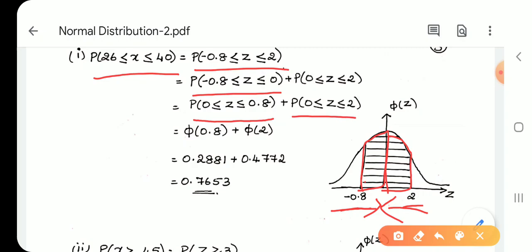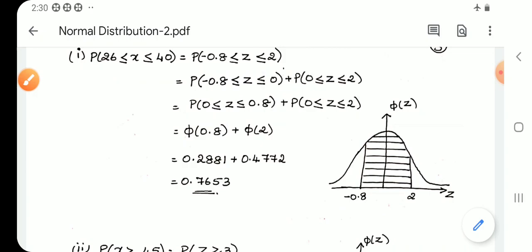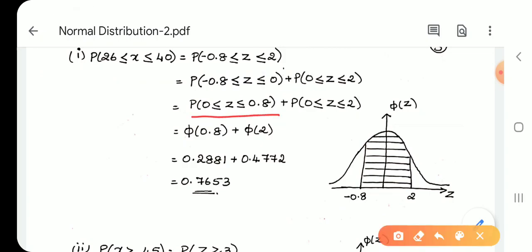We will make use of the result that both the sides are exactly symmetrical. Now, the value of the first term is nothing but this portion, which is exactly symmetrical, and we have taken the positive, so it becomes Φ(0.8) plus the other portion, that is Φ(2).